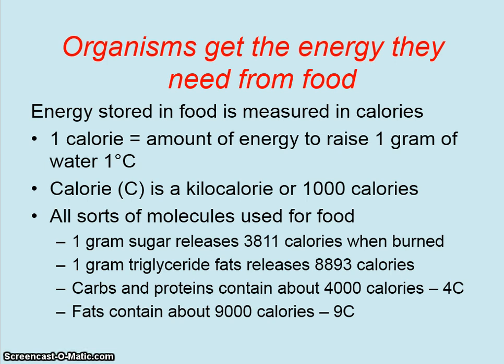And by release, I mean release heat energy. 1 gram of triglyceride fat, which you would find a lot in beef, like in meat, would release almost 9,000 calories of heat energy when the food is broken down. Carbohydrates and proteins contain about 4,000 calories, or 4 kilocalories, and fats contain about 9,000 calories.